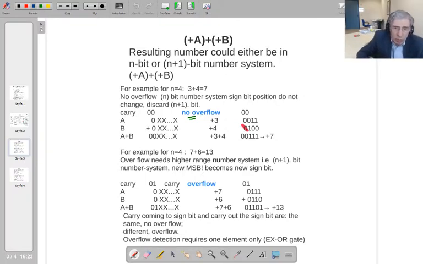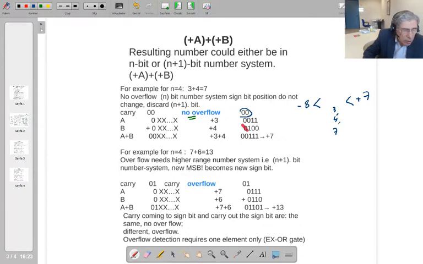It says plus 3 plus 4 gives you 7. Our number range system was minus 8 to plus 7. So 3 is in the range, 4 is in this range, and 7 also is in this range, isn't it? So that means there's no overflow. So you could see there is no overflow here.